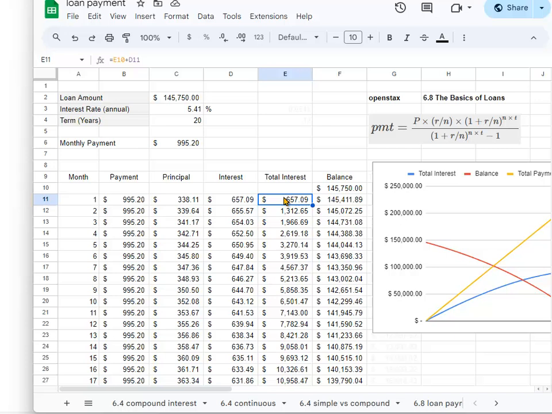And then the total interest is these numbers here accumulated, so keep adding, for example, the new interest here to the total interest from the previous month, and so on. And then the total down here is, well, keep adding the $995, keep adding and adding it, and that's the total that you pay off. So writing this Google Sheet actually isn't all that complicated.